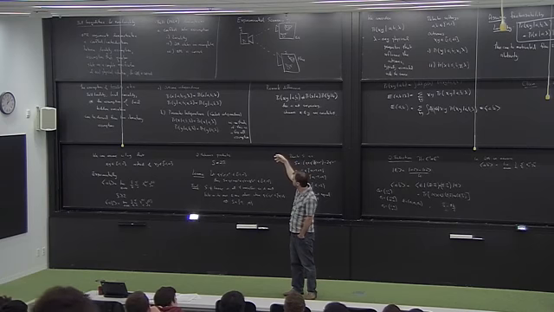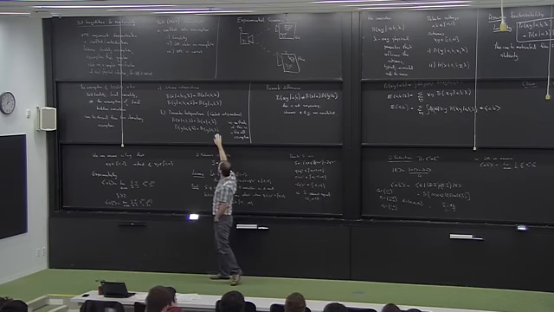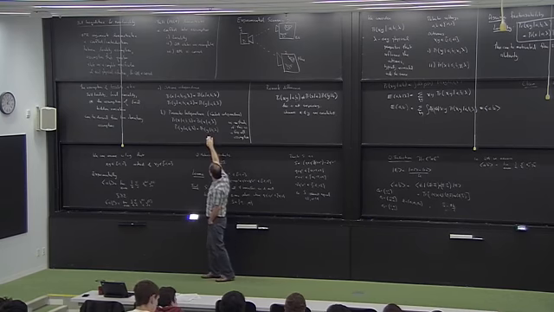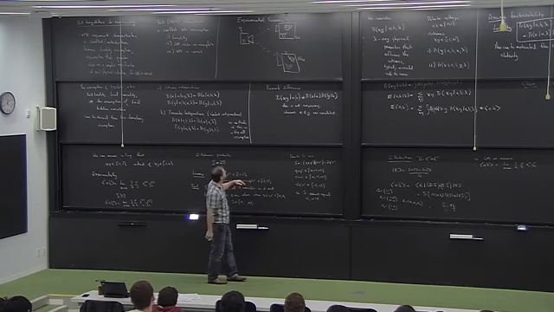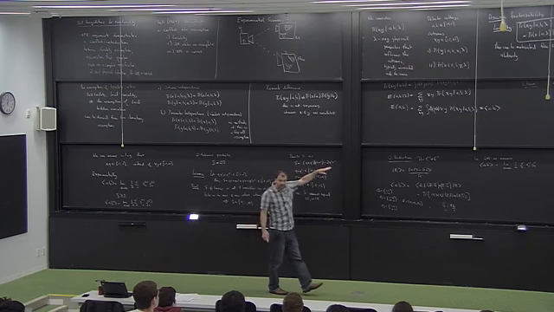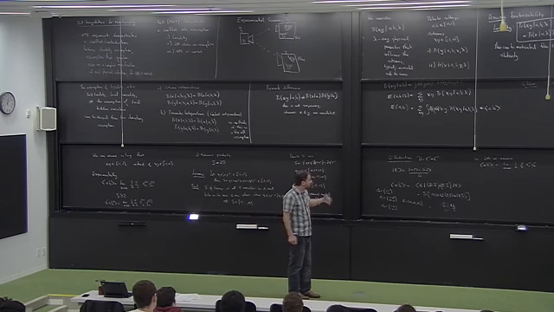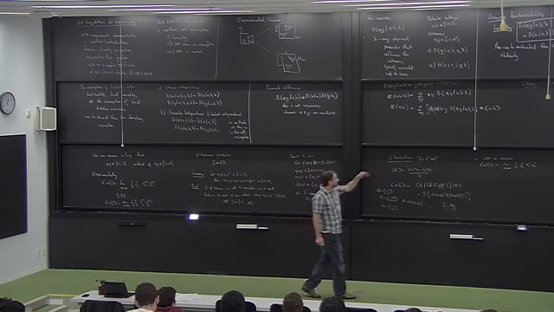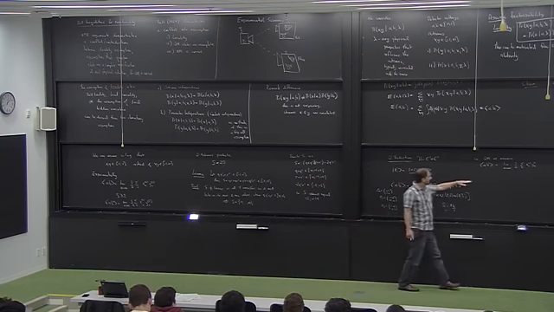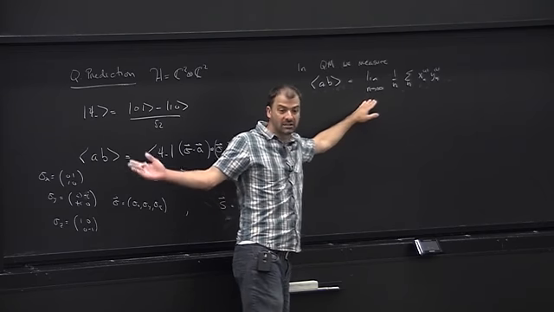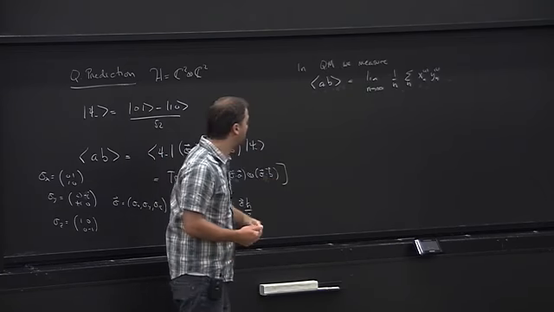But now if we assume those unspecified degrees of freedom lambda, and moreover that the probabilities depend only on lambda and the local settings, then we get this bound, the CHSH inequality, named for Clauser, Horne, Shimony, and Holt. And now what we're going to show is that the quantum prediction and experimental evidence violates that inequality. So one of our assumptions is wrong.